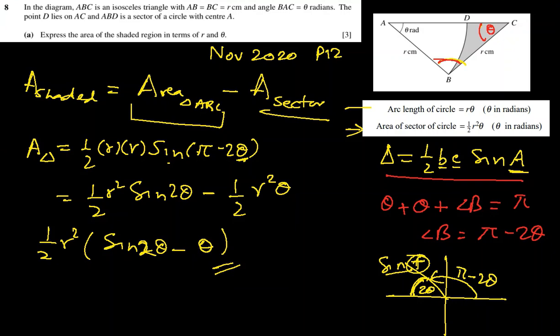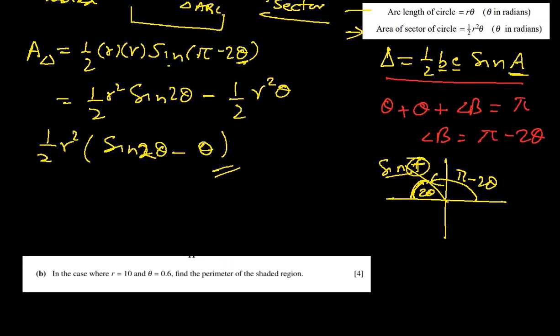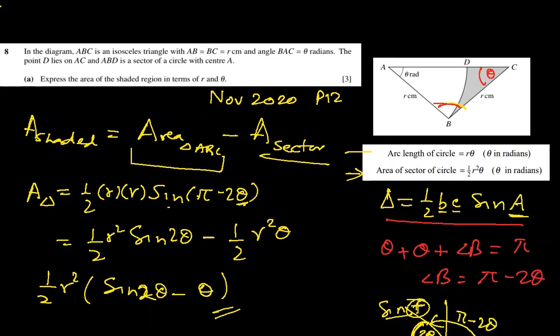Let's go to the second part. In the case where r is 10 and theta is 0.6, find the perimeter of the shaded region. Okay, so we have to find the perimeter of the shaded region. Do we know this? No, we don't know. Do we know this arc? No, we don't know. We know only this.